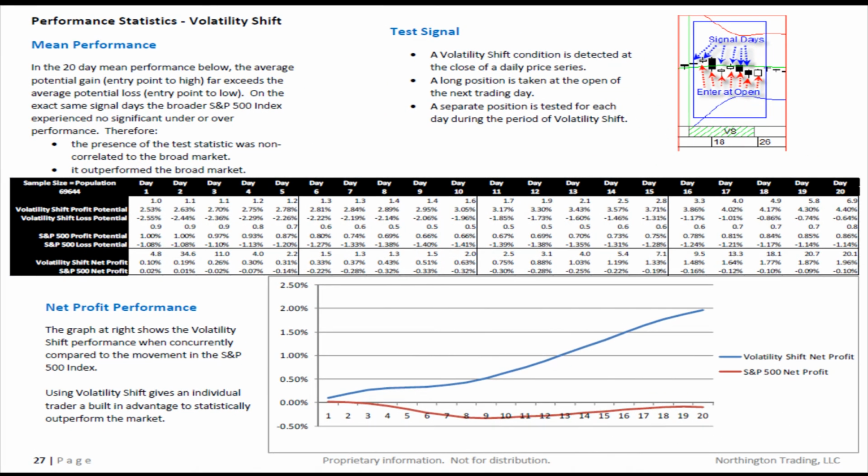As with all of our tools and methodologies, we specifically isolated volatility shift and backtested it. Just as with our other tools and methodologies, we've tested this over an 8-year market neutral period through 2 bulls and 2 bears and through a very large quantity sample.